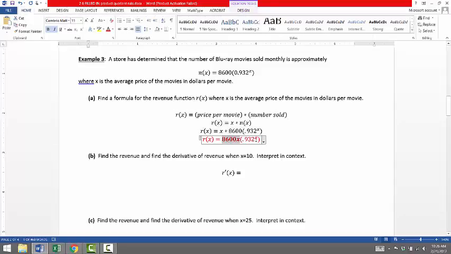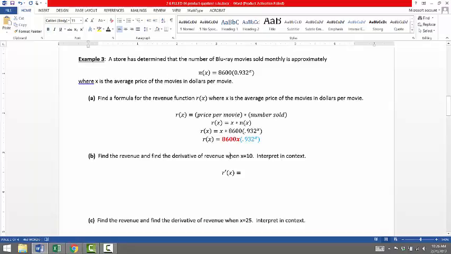The next function is 0.932 raised to the X. Maybe I'll put that in blue. So we have this R of X function, which is one function times another function. So I have F of X in red and G of X in blue.